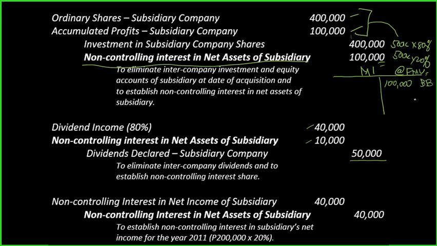Next, you add the minority interest net income, also known as NCNIS, non-controlling interest in the net income of your subsidiary. Okay, nahahanapin natin mamaya. Okay. And then, you deduct here the dividends, no? Dividends declared. In this case, the dividends declared, okay, pertaining to the minority interest is 10,000.